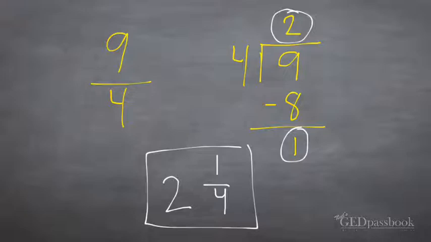Sometimes you'll get an exact number and you have a remainder of 0. But if in case you ever wonder what goes here, always just multiply these 2 numbers, the number that it fits into and then the actual number itself, and that would be what you put in right there. So 2 1/4, that is your mixed fraction.